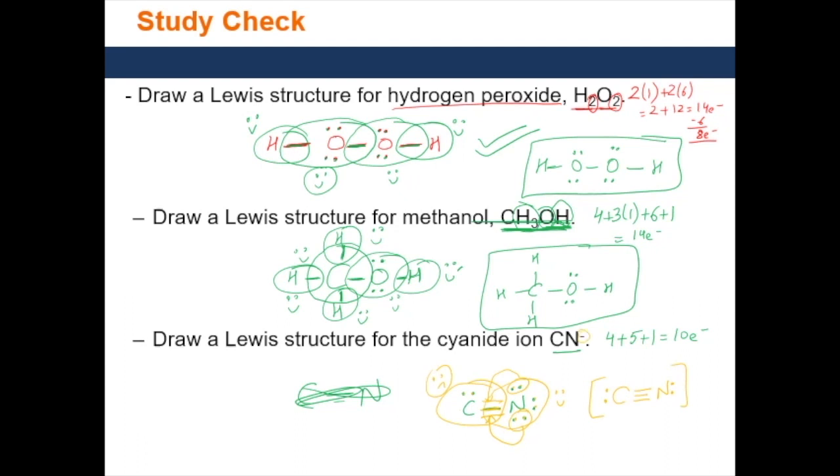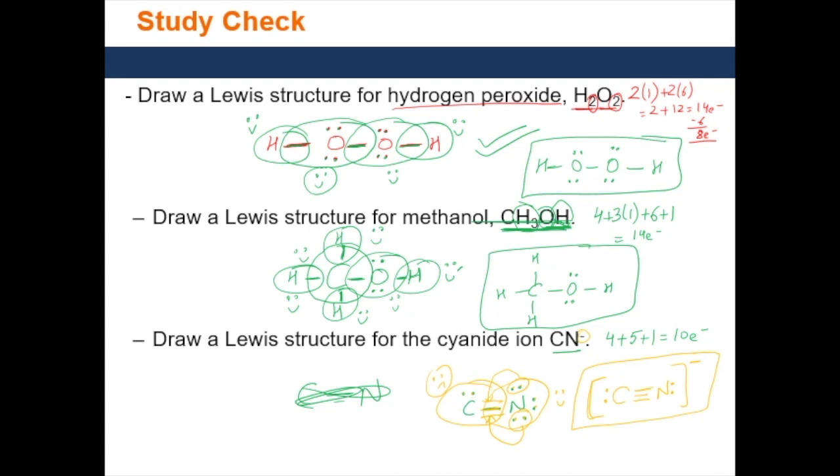Whenever the molecule or ion you're working with has a charge, you put your Lewis structure in parentheses and you put the charge up as a superscript. So this is -1, so I'll put a negative next to the structure. This would be your final answer right here.